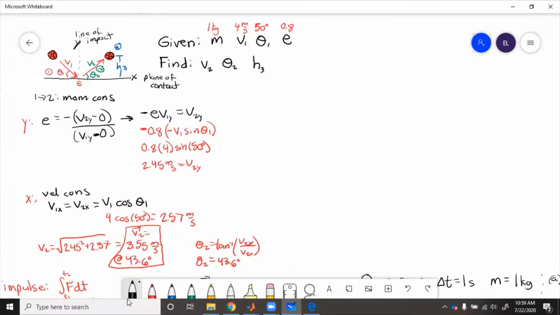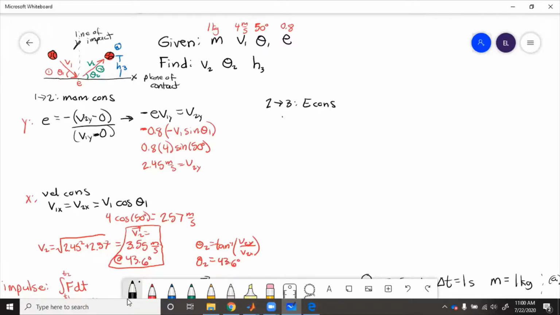Now from 2 to 3, we know that energy is conserved. There's no collision, so momentum's not going to be conserved. We can forget about that. But we know that an object moving to a height will have the energy conserved.